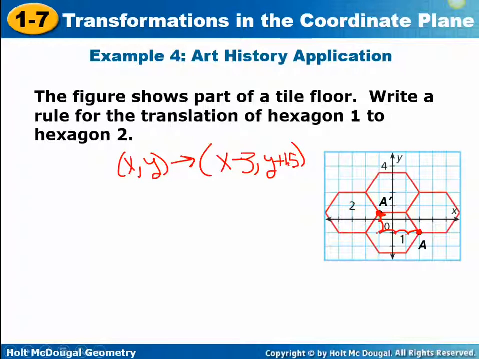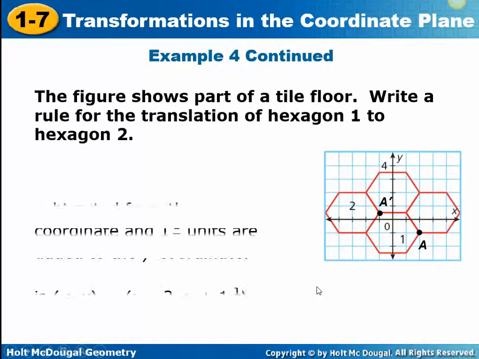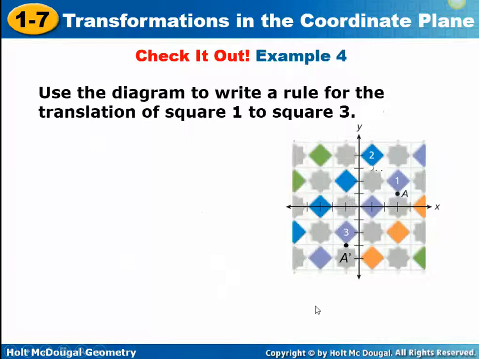That should be our rule to move from one hexagon to the other. Move to the left 3 and up 1.5. They did a little more work. I just basically figured out how one point moved to the other point. They actually figured out the coordinates and then figured out how the coordinates changed.